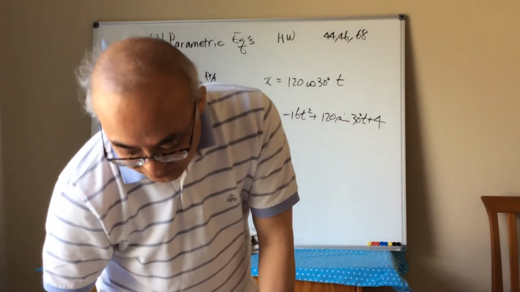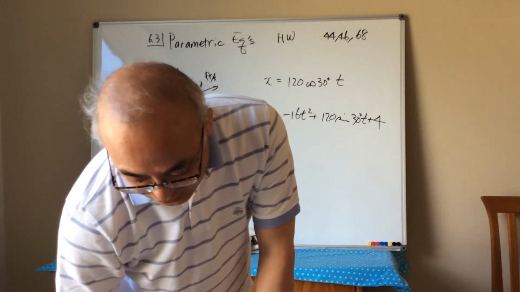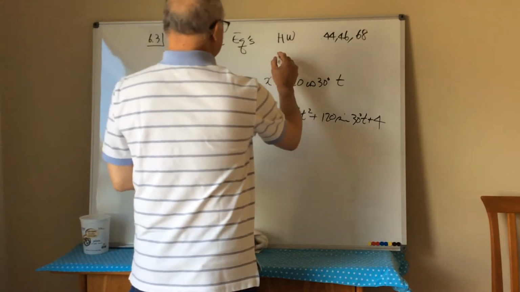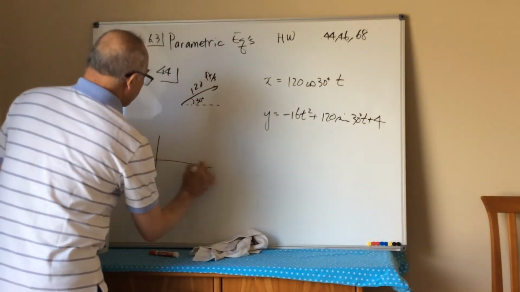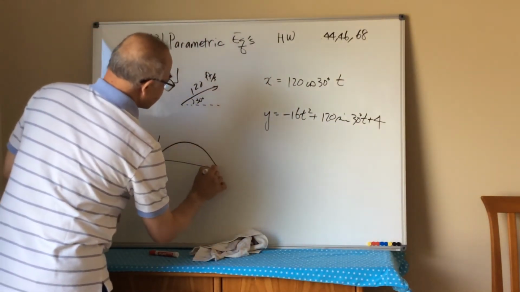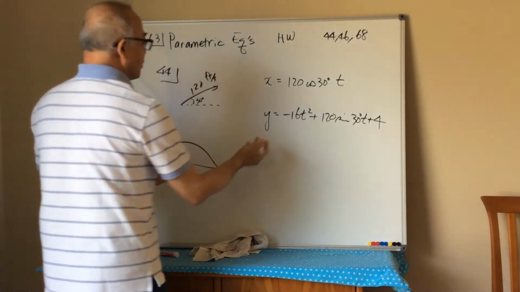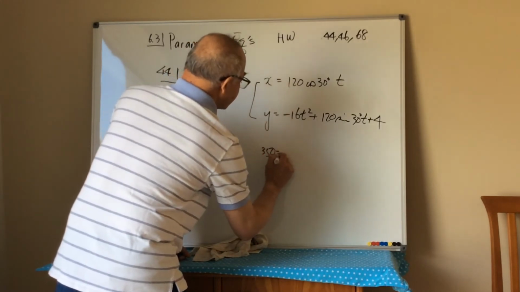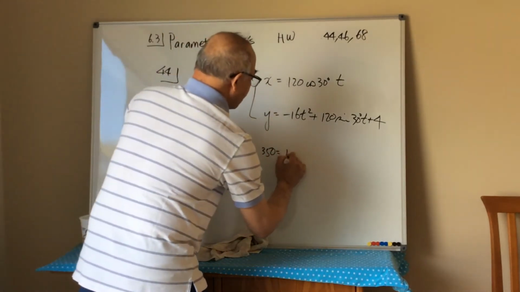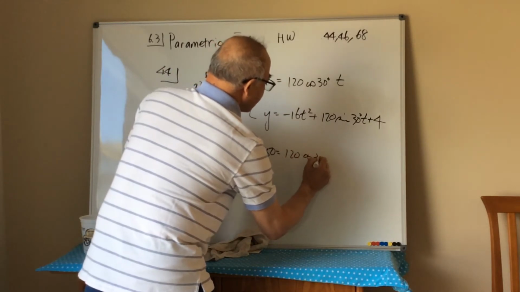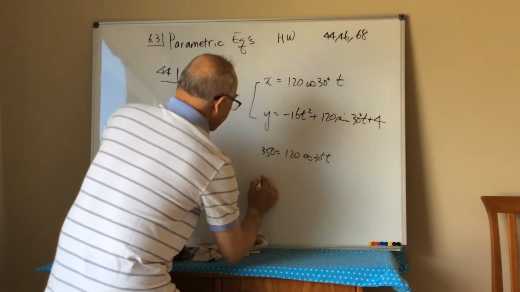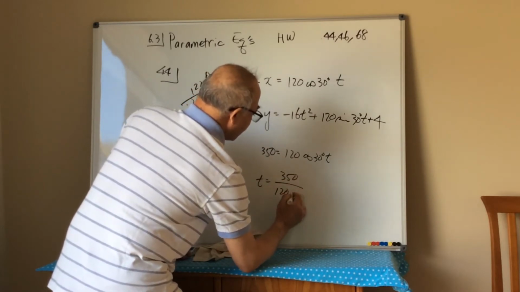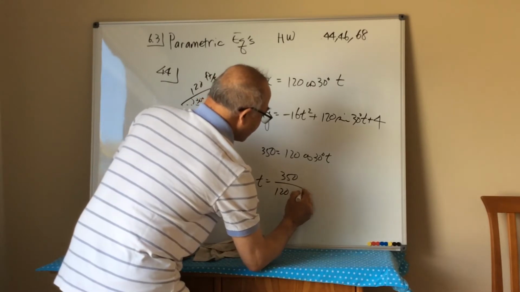Okay. Does it clear the fence? The fence is 30 feet high at 350 feet. So we traveled 350 feet. I don't know where it's going to be, but in the x direction, I went 350 feet. 120 cosine 30 degrees t. t would be equal to 350 divided by 120 cosine 30.